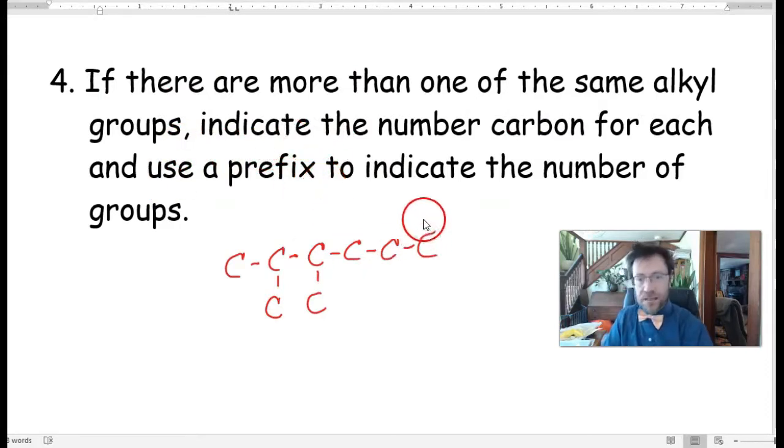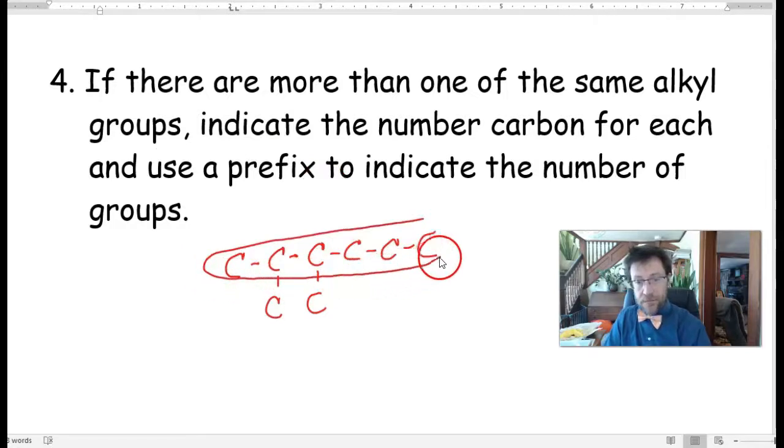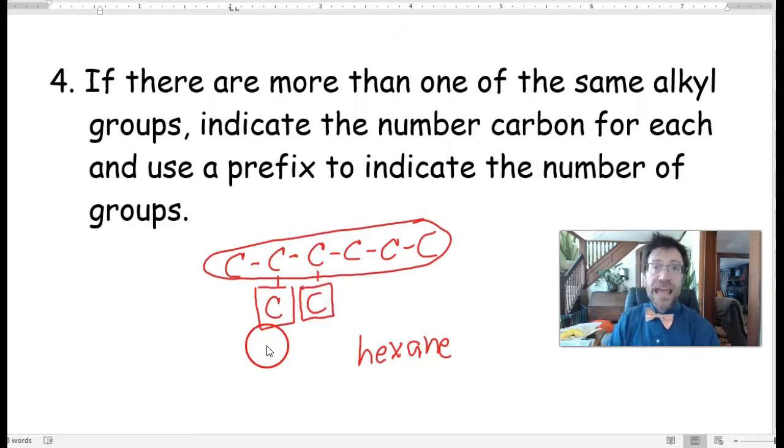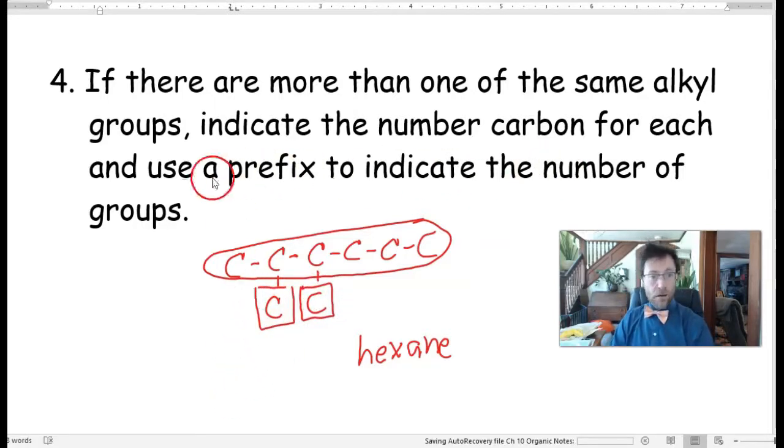Okay, so same basic method. First, I'm going to circle the base. 1, 2, 3, 4, 5, 6. So this will be hexane. And then I'm going to put a square around each of the groups. These are both methyl groups, so I'm going to use a prefix to say how many.